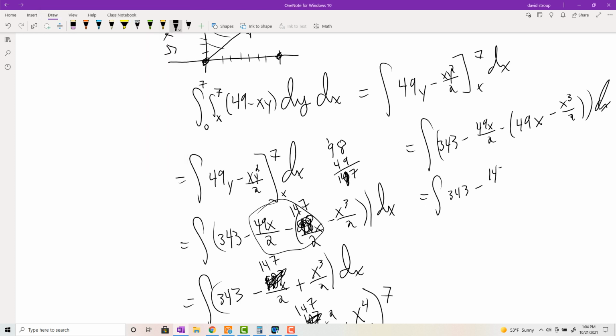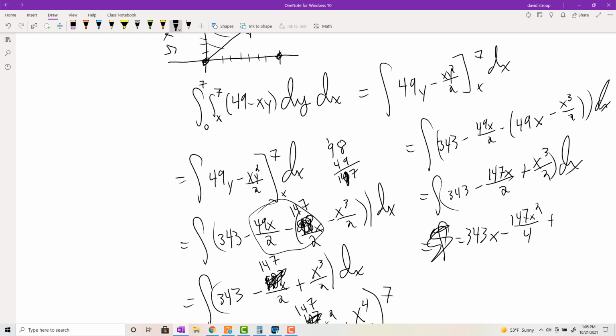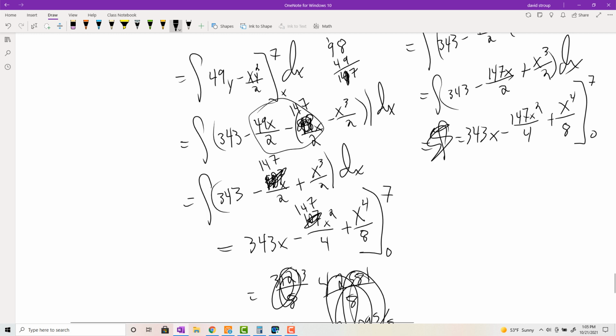So 147x all over 2, and then no, that's not it, plus x cubed all over 2 dx. Reintegrate. So this will be 343x minus 147x squared all over 4 plus x to the 4th all over 8, which is kind of exactly what I had last time, right? I'm putting in 0 to 7.